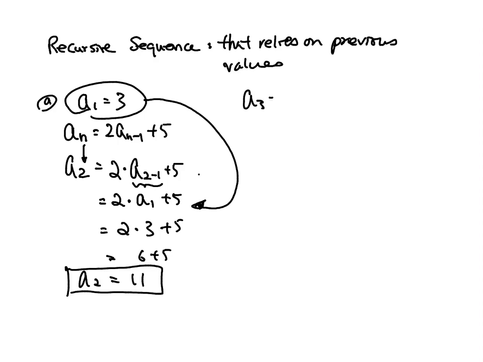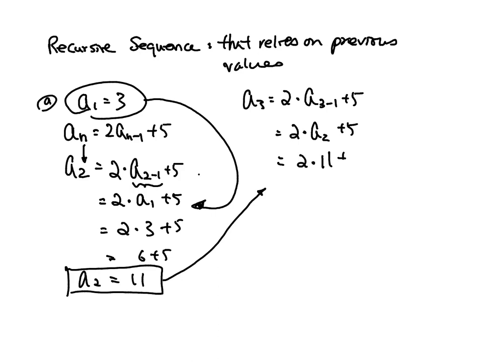A sub 3. Well, what is a sub 3? Same formula. A sub 3 is 2 times a sub 3 minus 1 plus 5, which means 2 times a sub 2 plus 5. And what do you know about a sub 2? That's 11. So 2 times 11 plus 5 is 27.